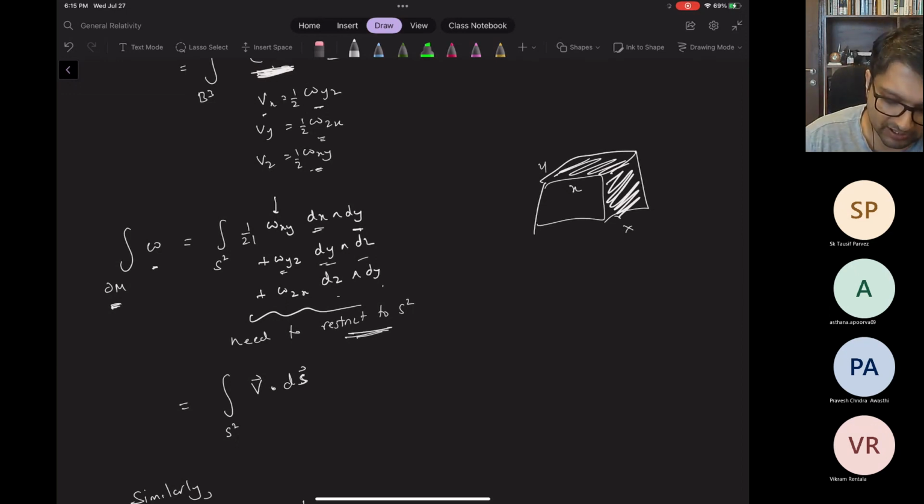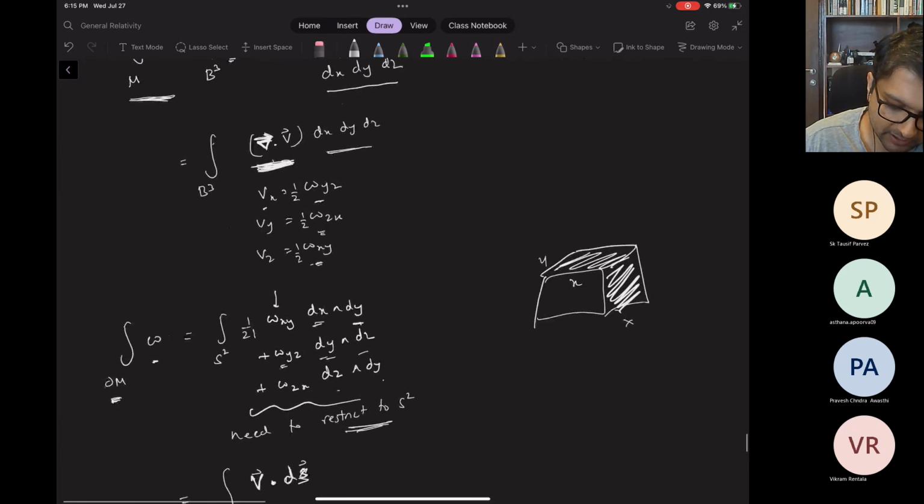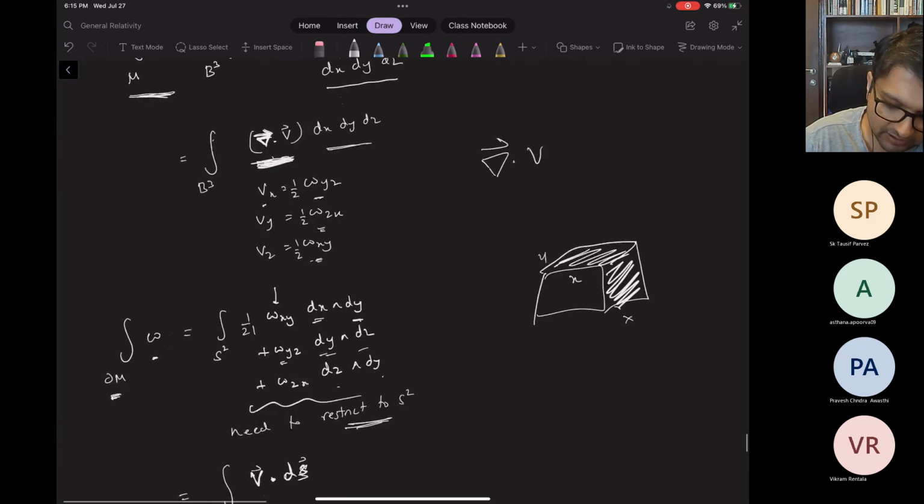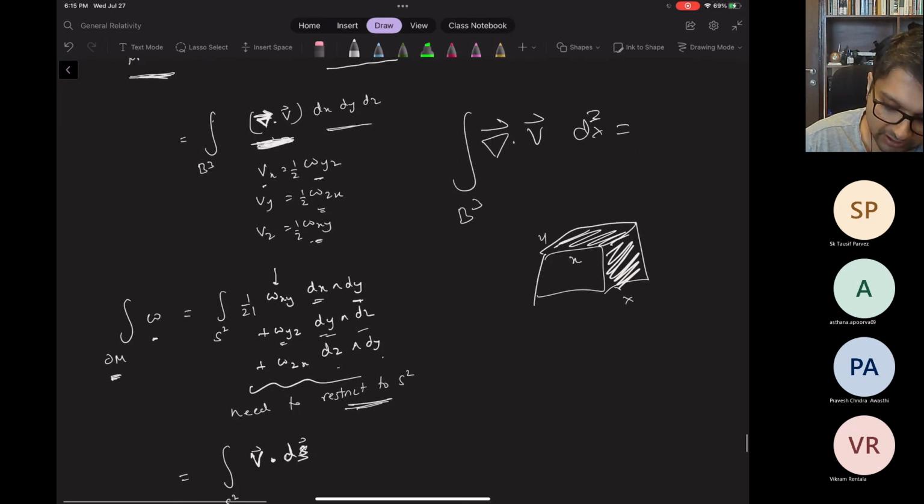So basically I'm doing the integration of v dot ds. The statement is that the integral of del dot v over the ball is equal to the integration of v dot ds over the surface. So this is Gauss's law.